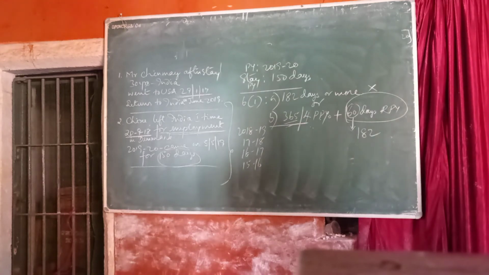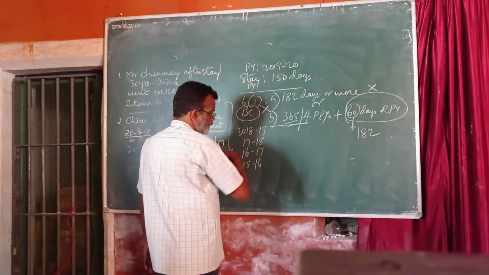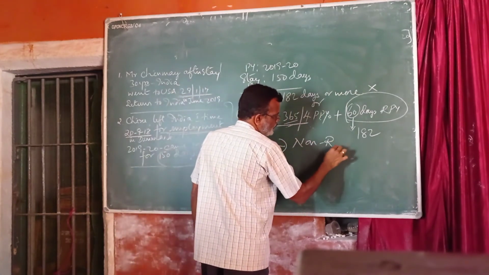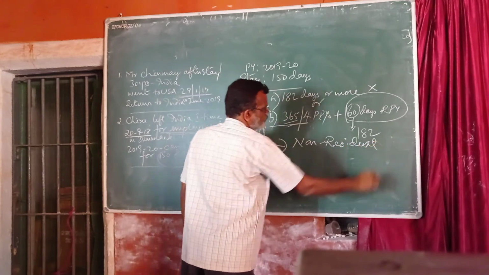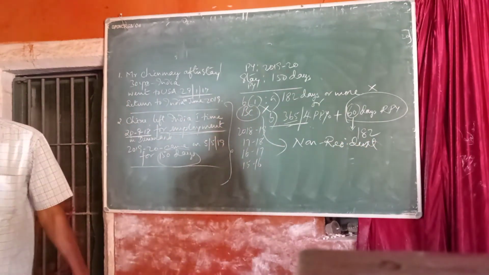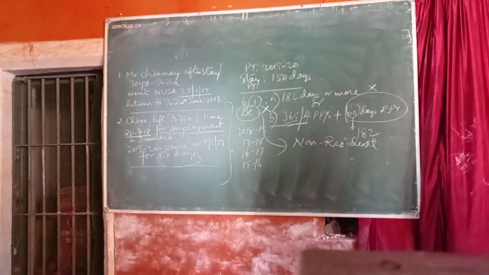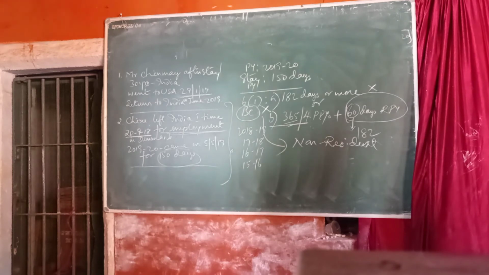Hence, if the basic conditions are not satisfied, then he is called a non-resident. So for the previous year 2019-20, relevant to the assessment year 2020-21, Mr. Chiru was a non-resident. Mr. Chiru did not satisfy the basic condition itself.